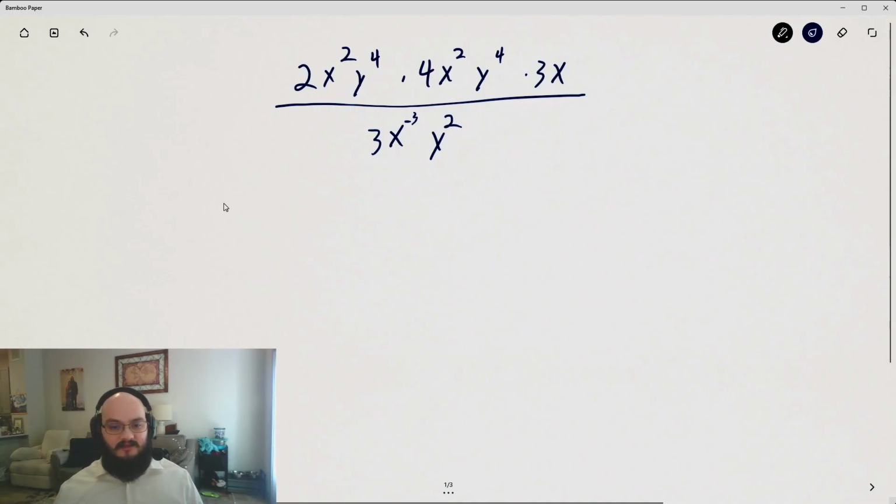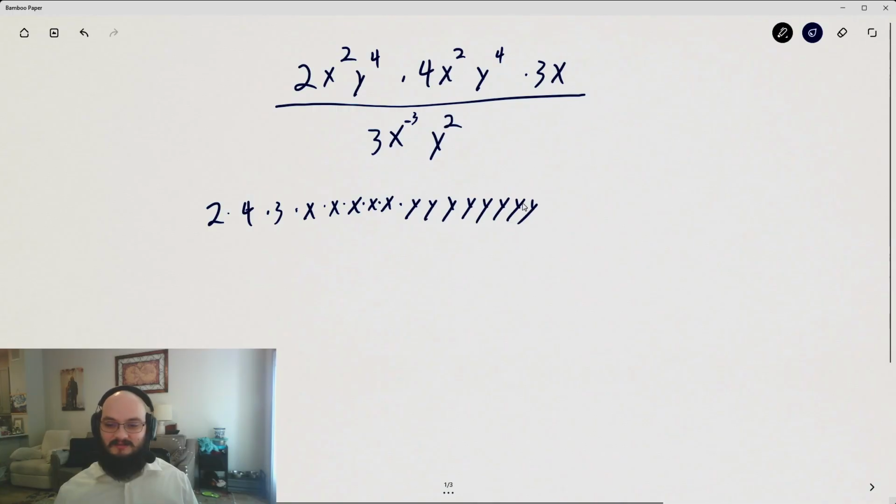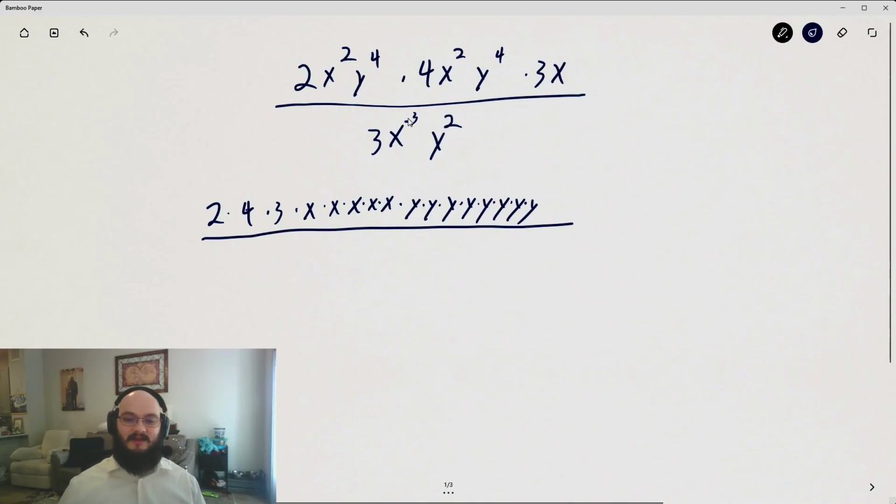So what that would look like is we would have 2 times 4 times 3, then we have 5 powers on the x, so we need 5 x's multiplied together, and we have 4, 8, and no more, so we need 8 of our y's multiplied together, all divided by 3x to the negative third y squared.